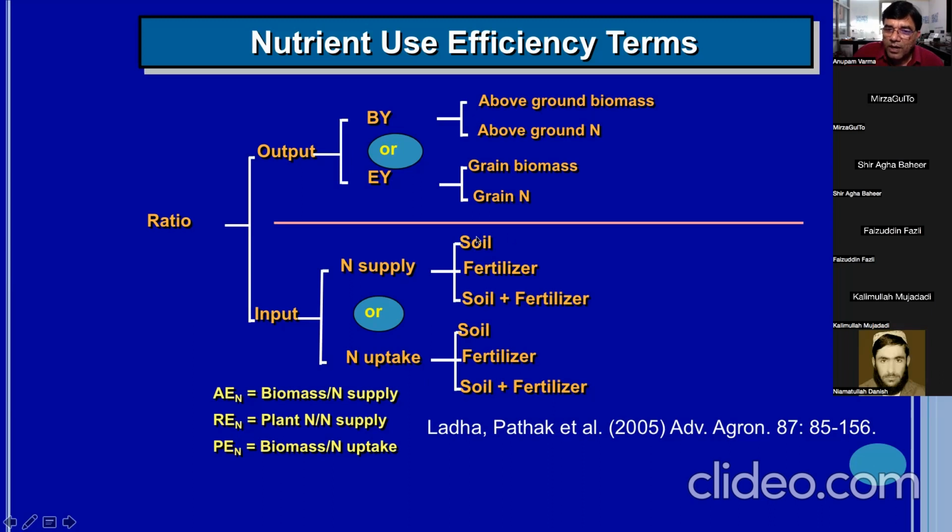So here the soil nutrient uptake or nutrient contributed from the soil will be used for control treatment. It will be used for control treatment because here you have not applied fertilizer. So whatever nutrient is coming to the plant, that is contributed only by the soil.